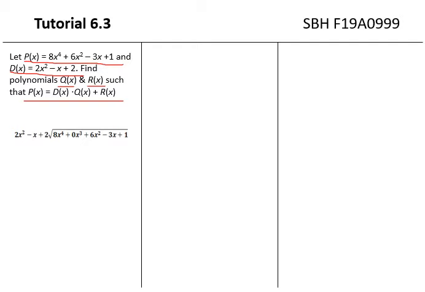Okay, we are given two polynomials, right? This is the first one, P(x), and this is the second one, D(x). We are asked to divide those two. The first step is to solve for the higher degree, that is the power of 4 there. After the expansion and the subtraction, we get the next level here.